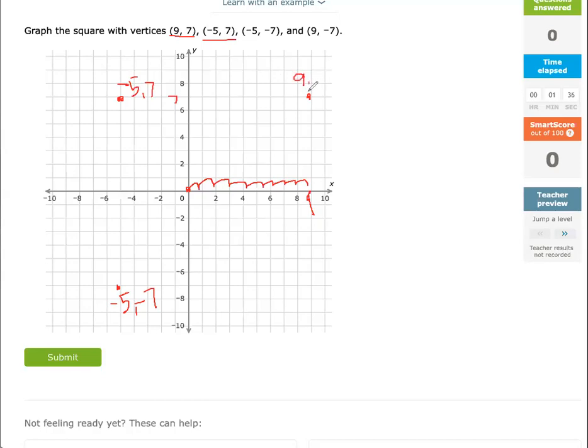This one over here is 9 and 7. And then my last one is going to be 9, so +9, and down 7. So let me just mark that out. Okay, and then connect them there.